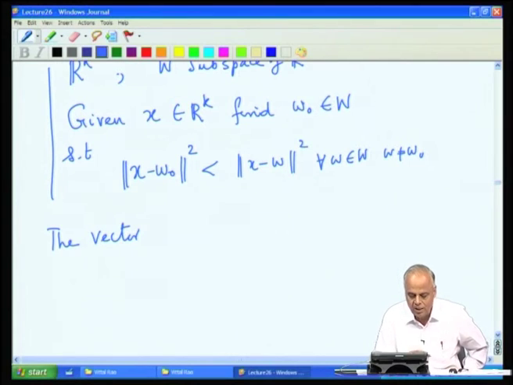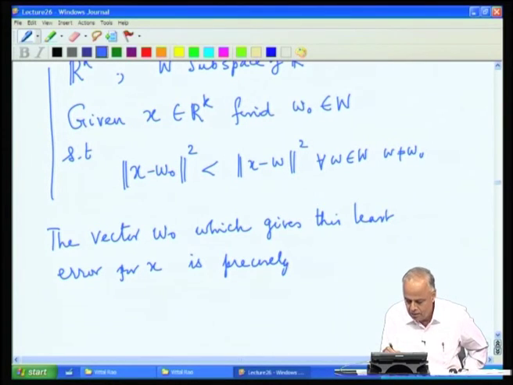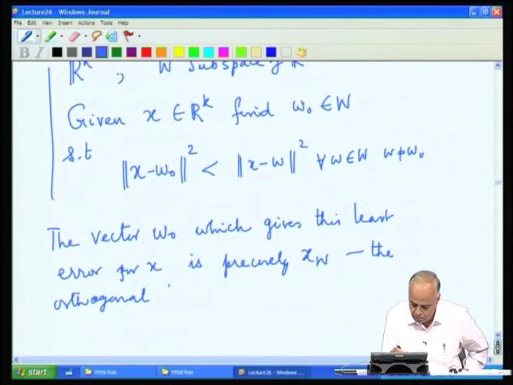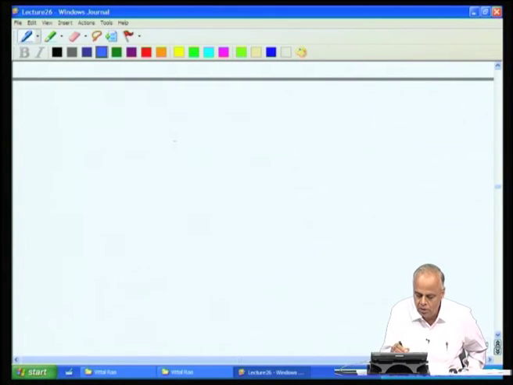We shall see in the next lecture that the vector W naught, which gives this least error for x, is precisely x_W, the orthogonal projection of x onto W.